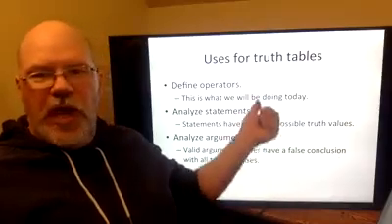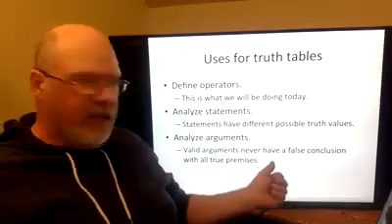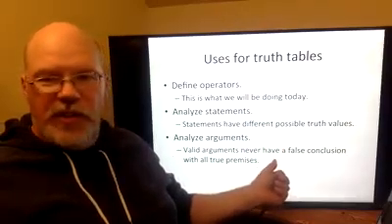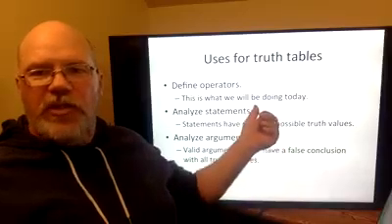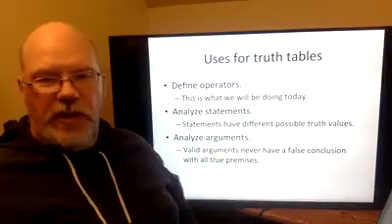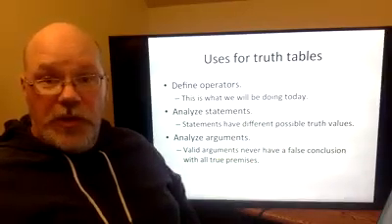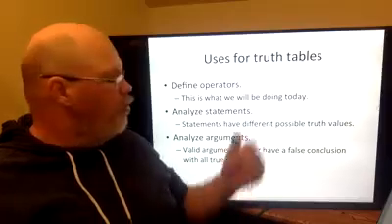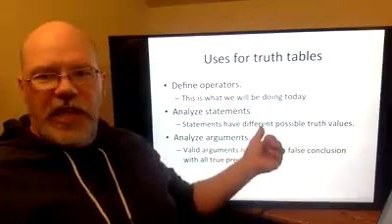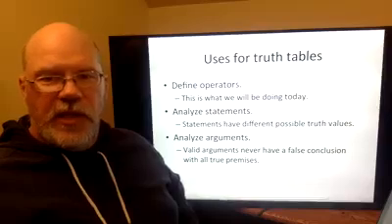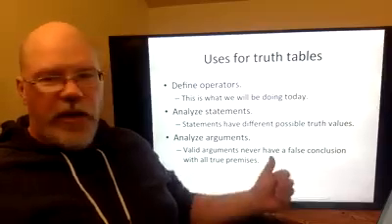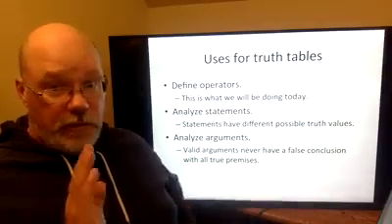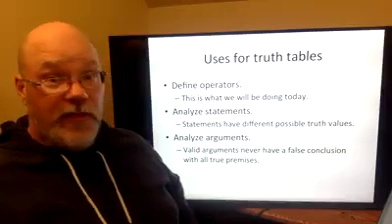But before we do that, we have to do the others first, because we won't understand how the tool works if we haven't used it, first of all, to define our logical operators. That's what we'll do in the next video. We'll probably get these two tasks done in the next session, and arguments in a third. And we're moving right along here, folks.